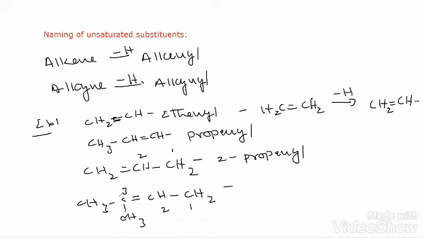Then at the third position we have a methyl, 3-methyl, and at the second position we have the unsaturation site: 3-methyl-2-butenyl. So like this we can name an unsaturated substituent.